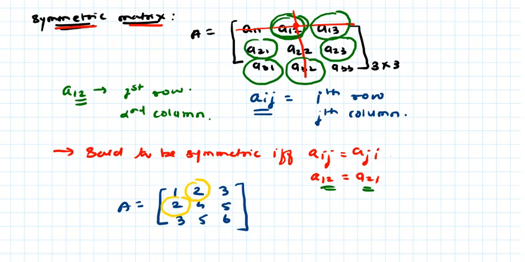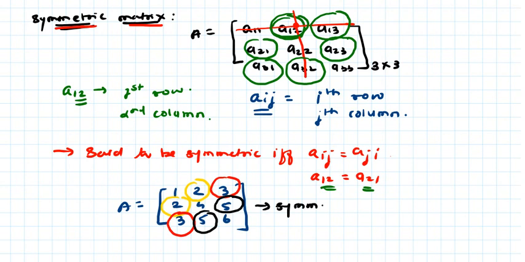Again, this is entry A31 and this is entry A13, equal. Then this is entry A23 and this is entry A32, equal. So this matrix is a symmetric matrix.